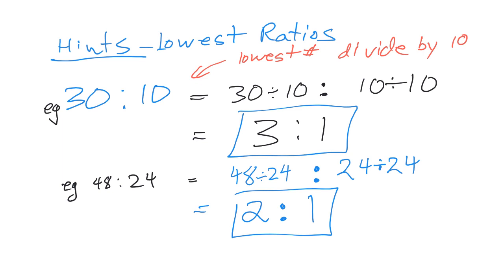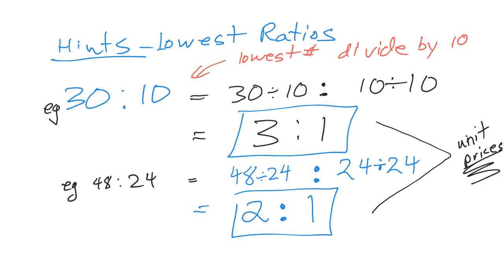So what we can do is use this to make our lives easier and decide, say, which is the better deal. It's very similar to what we studied a long time ago when we studied unit price. This is just an alternate version of what we would call the unit price from previous classes.